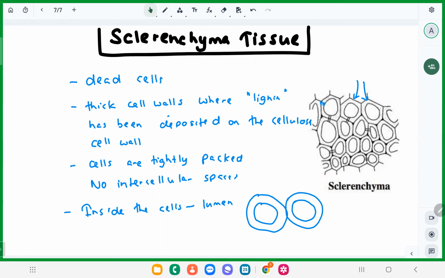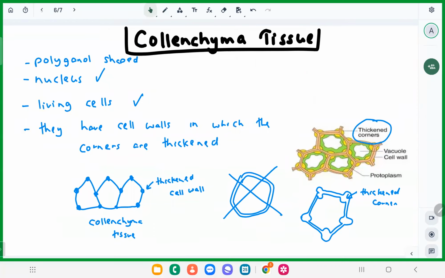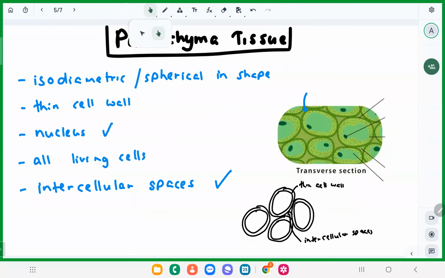All right, so that's what you need to know about the simple permanent tissues. We've gone through the parenchyma, the collenchyma, and the sclerenchyma tissue. Just to give you a little more information, the parenchyma tissue is the most abundant tissue in the whole plant. It is found in many different locations of the plant.